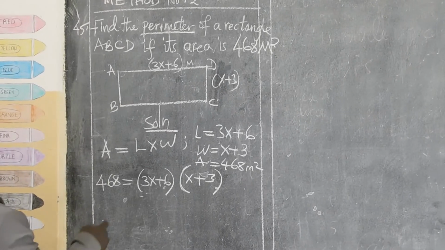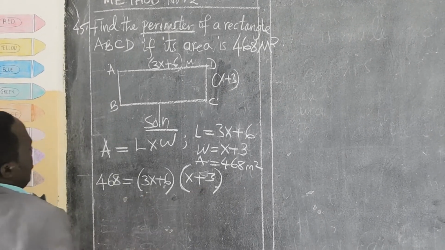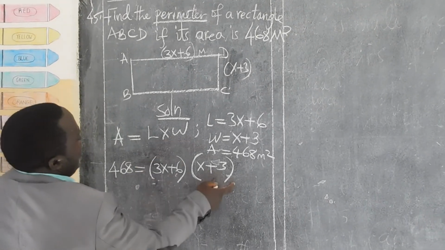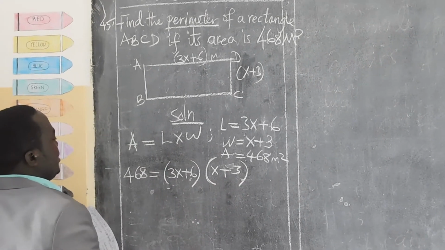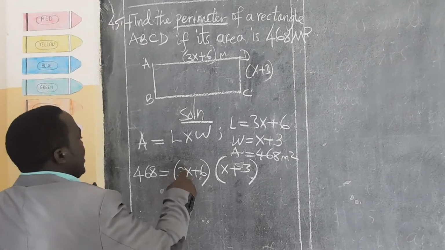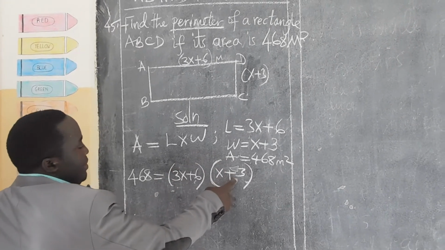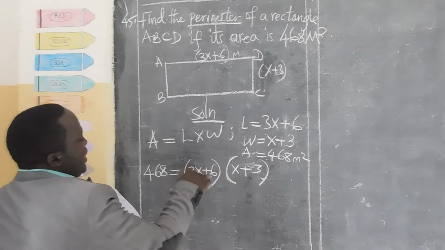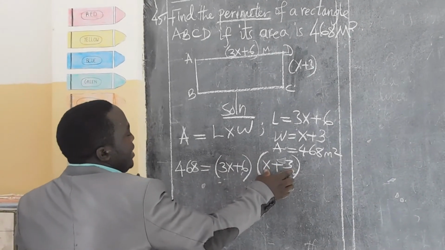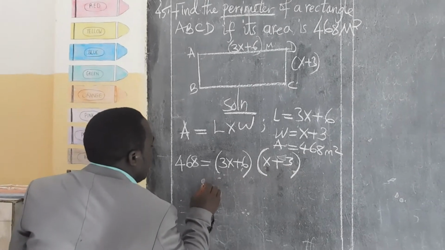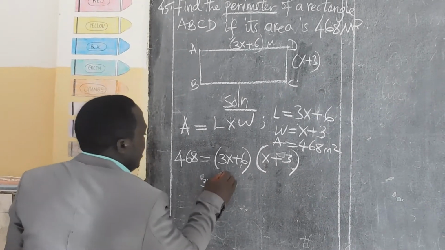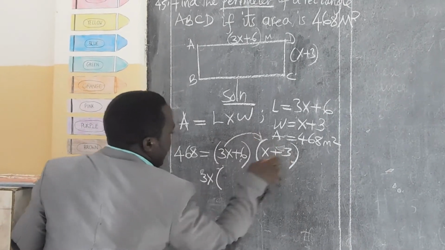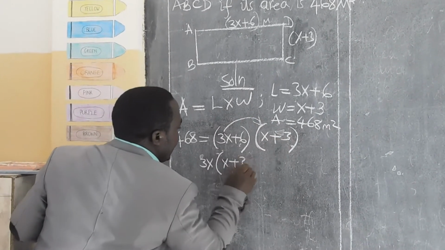So in this method, we let one of the brackets multiply the members of the other bracket. So 3x has to multiply these members, x plus 3.